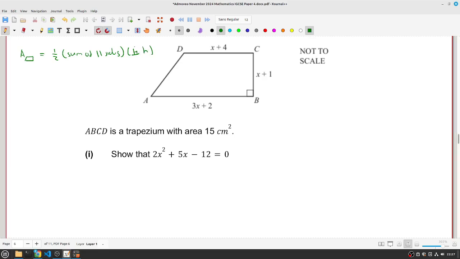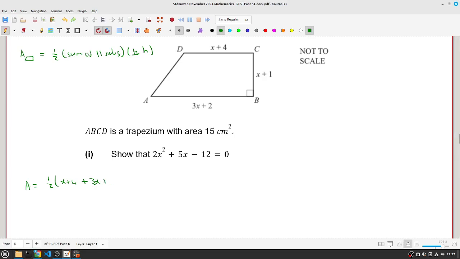Okay? That just means perpendicular. So the perpendicular height. Okay, so area equals half the sum of the parallel sides. So the parallel sides are x plus 4 and 3x plus 2.